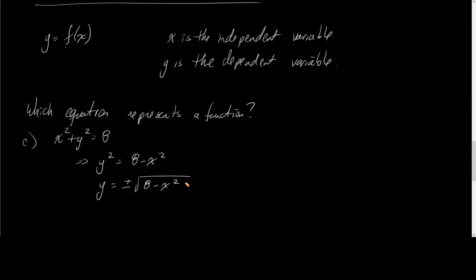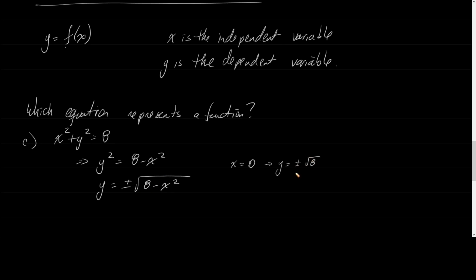Now in here, I'm going to tell you that this is not a function. How do I know that this is not a function? Well, think about this. Let's say, for example, that the x was equal to 1, all right? Well, let's make it simpler, 0. If I plug in x equals 0 into here, what do I get? I end up with just the square root of 8. So this tells me that y is equal to plus or minus the square root of 8.